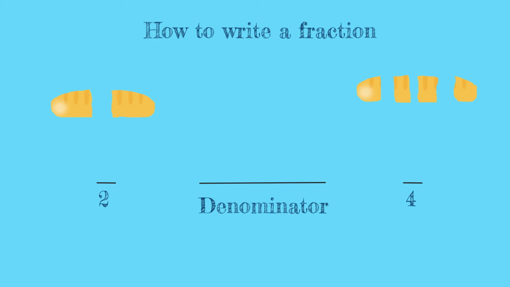Okay, so let's take half here. It is called a half. If I take one piece and I want to eat that one piece, this is called the numerator. I took one part of 2 parts.